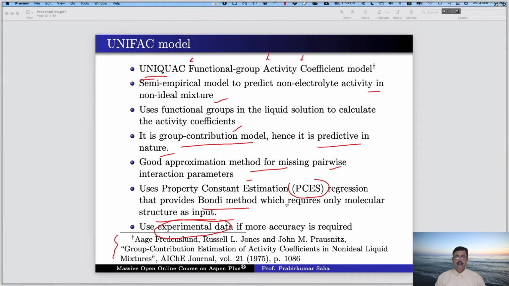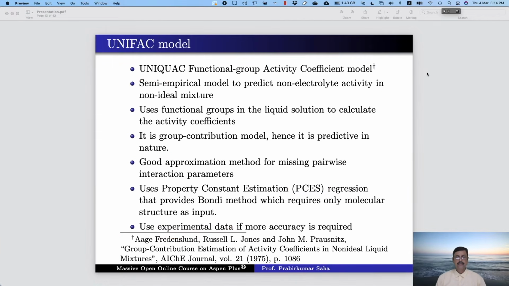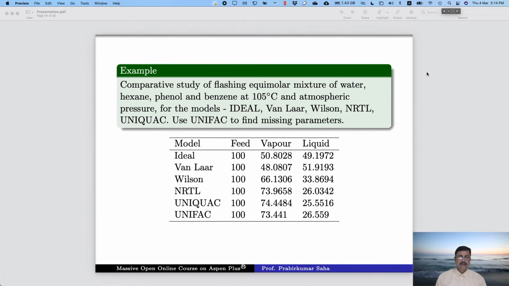We shall learn it better by using an example. So this is the example. It says, comparative study of flashing an equimolar mixture of water, hexane, phenol and benzene at 105 degrees centigrade and atmospheric pressure for the models ideal, Van Laar, Wilson, NRTL, UNIFAC, and use UNIFAC to find the missing parameters.